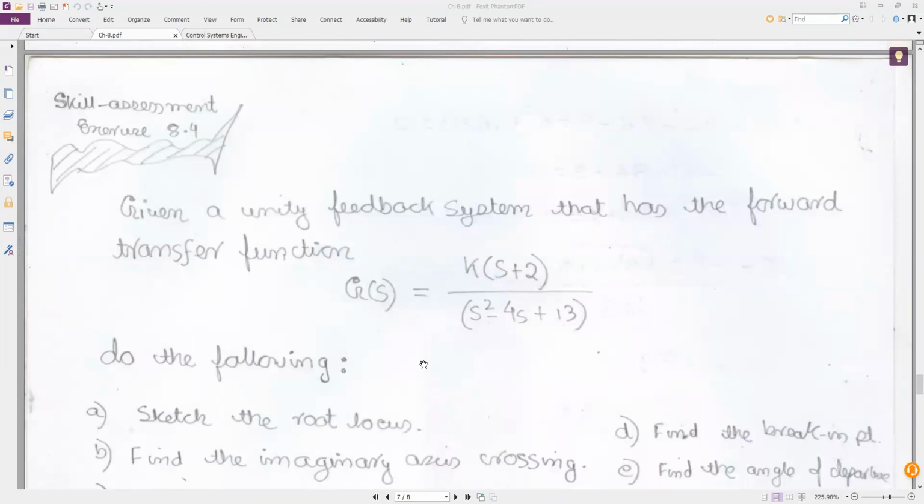That is the final example, Skill Assessment Exercise 8.4.